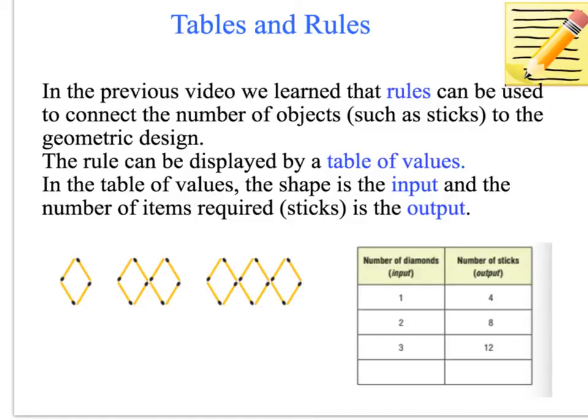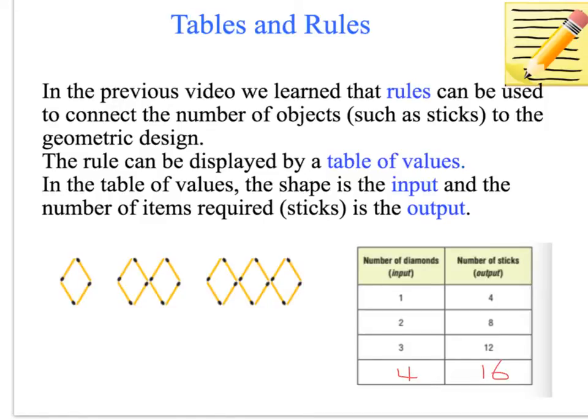So we need to try and figure out what the pattern is here, so then we can work out the rule. We can see for 1, we need 4 sticks, for 2 we need 8 sticks, for 3 we need 12, and it seems to me it's multiplying by 4 each time. So for 4 we would need 16, so 4 4s are 16.